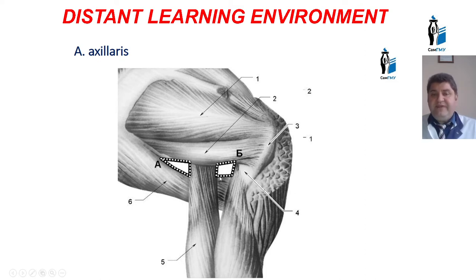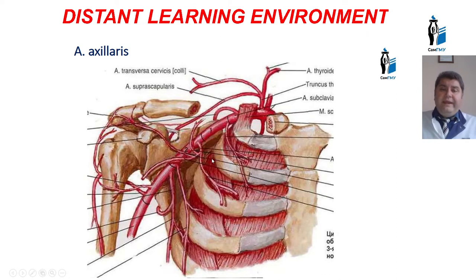Inferior border is formed by teres major muscle, medial border is formed by triceps muscle, its long head, and superior border is formed by subscapular muscle with teres minor muscle, and also the lateral border is formed by surgical neck of humerus and also coracobrachial muscle.